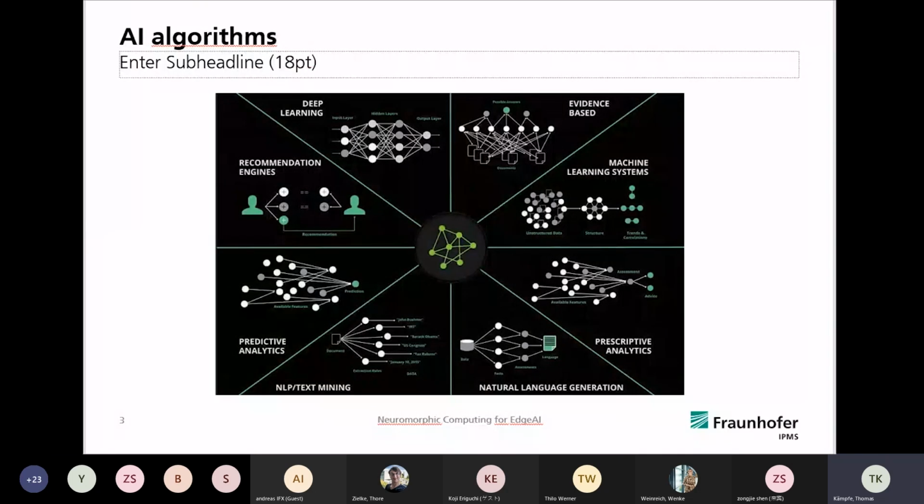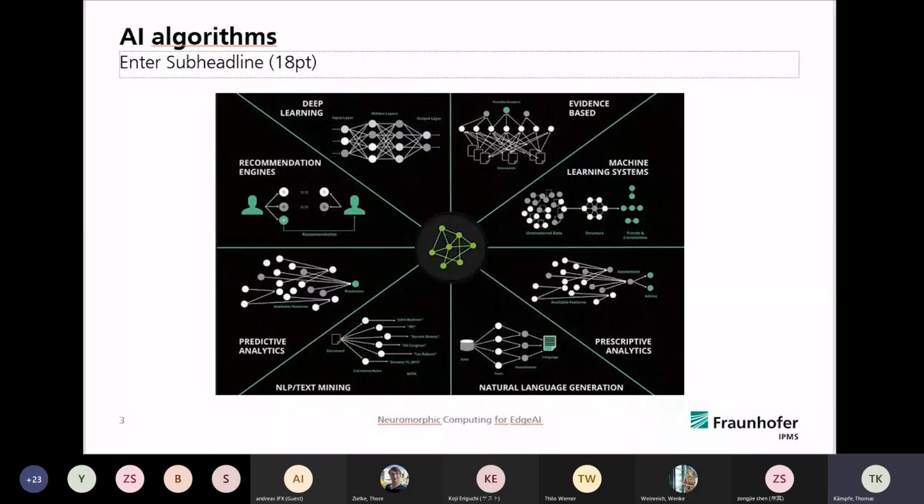Another trend, which emerged basically also about 10 years ago, is the emergence of artificial intelligence, AI. What is AI?